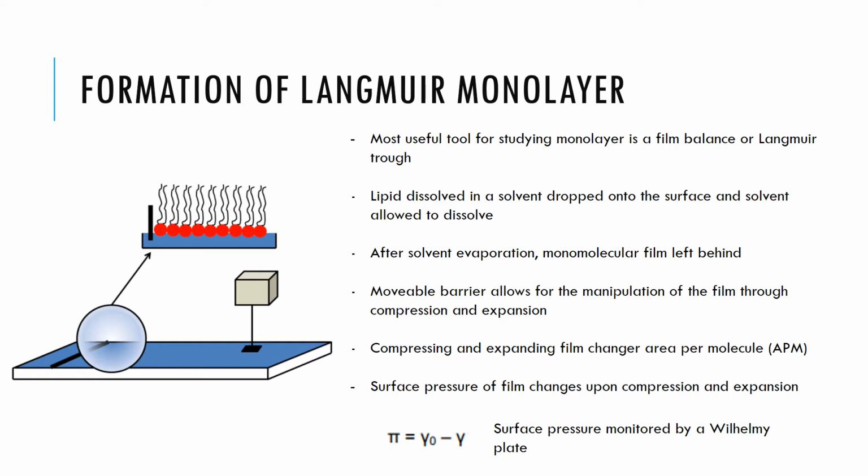Nowadays, of course, this is all done by computer, and you just get a value for the surface pressure from the software you're using. But the correct calculation for the surface pressure is to take the surface tension of water in the absence of the lipid and the surface tension of the water in the presence of the lipid, and of course that difference is the surface pressure.